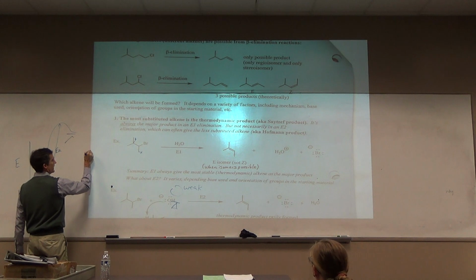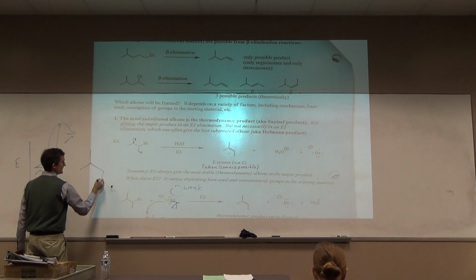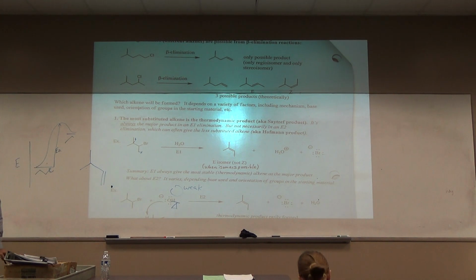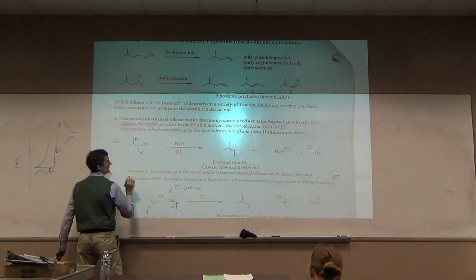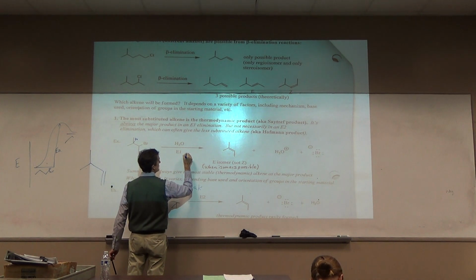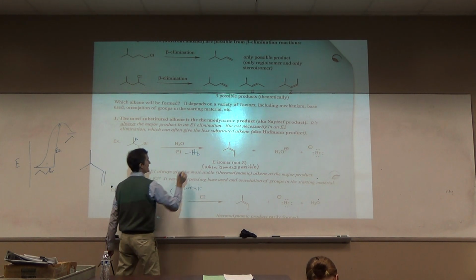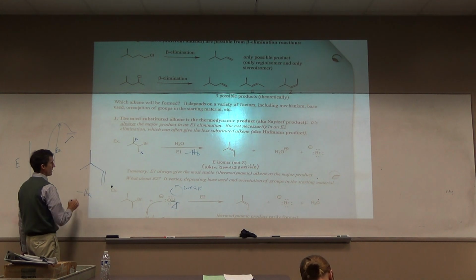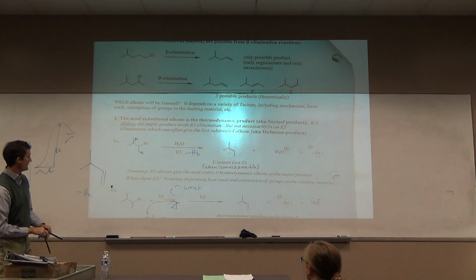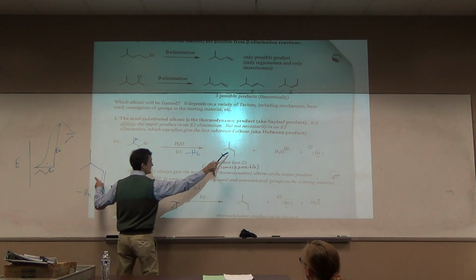The other theoretical product would be the double bond here. If HA, HB, we're going to lose HB. This is if you lose HA. Which is going to be favored? This one or this one?